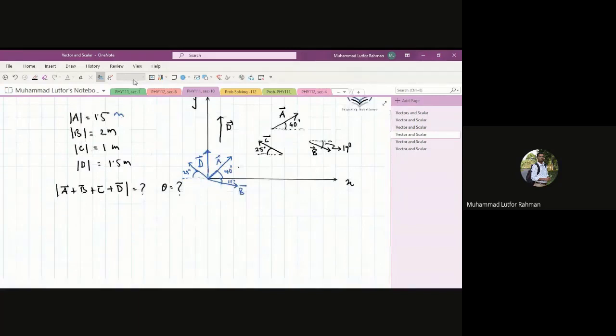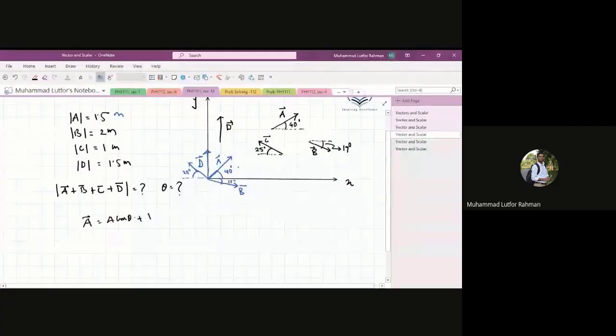So I can express the vector A in terms of components: A cos theta i hat plus A sin theta j hat, right? Then I know the magnitude A is 1.5, and theta in this case is 40.